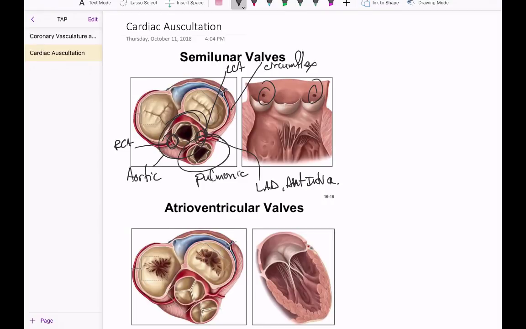By contrast, we have down here on this image the atrioventricular valves, which includes the tricuspid valve, which is the gateway between the right atrium and the right ventricle, and the bicuspid or mitral valve, which is the gateway between the left atrium and the left ventricle.